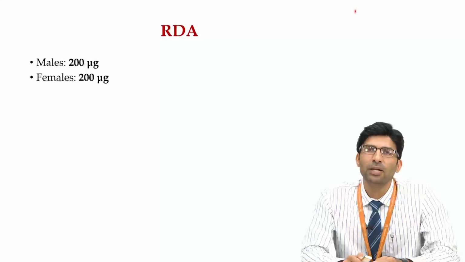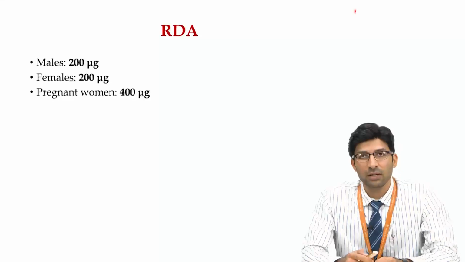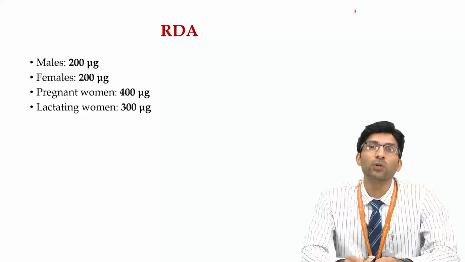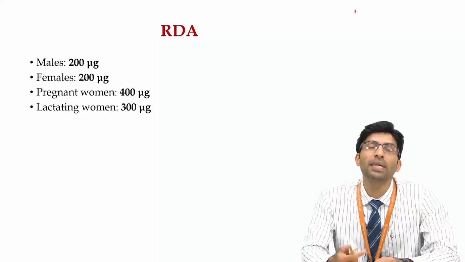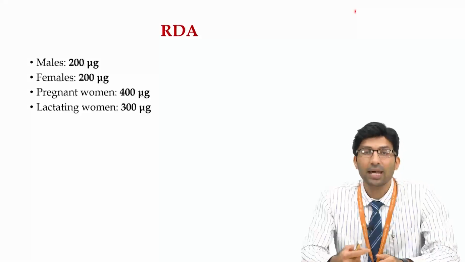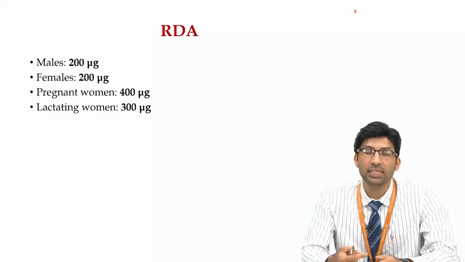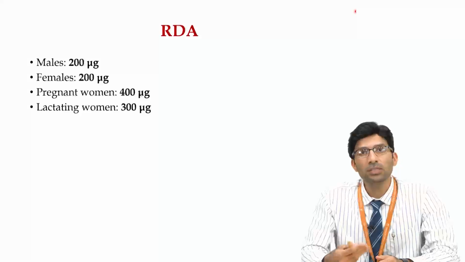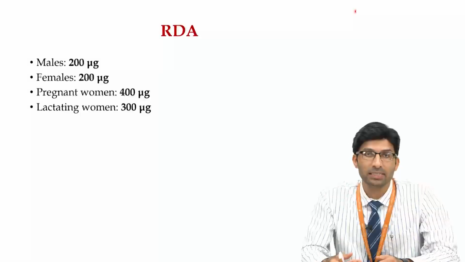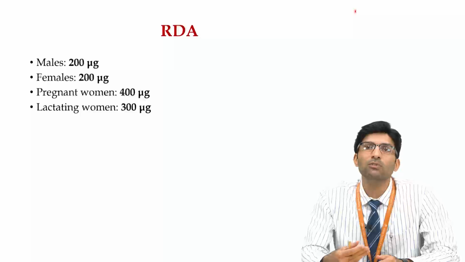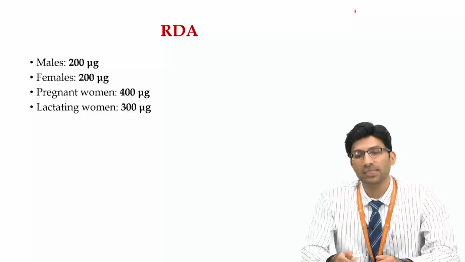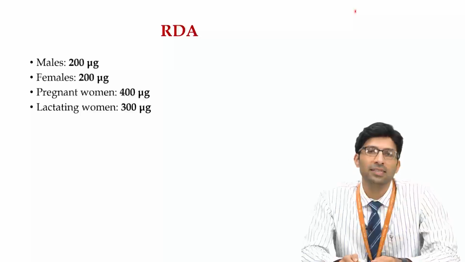Both male and female require around equal amount of folic acid. But in pregnancy and lactation, the folic acid requirement increases. We can understand how the requirement increases in pregnancy and in lactation, because there is another life developing inside a womb, and we will see how this folic acid is important during pregnancy and lactation in the later slides.